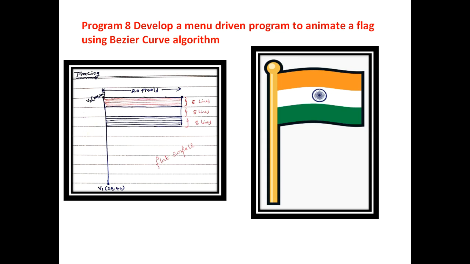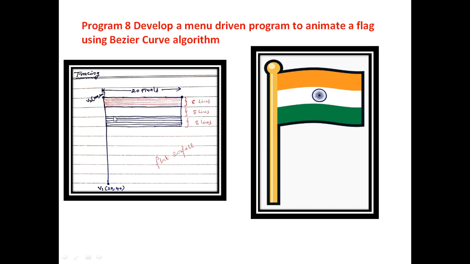As we already know how to generate a curve using the Bezier curve equation, today first we need to design one flag. That flag contains three different colors. First we have orange color. Please see the left diagram. I have a flat surface.